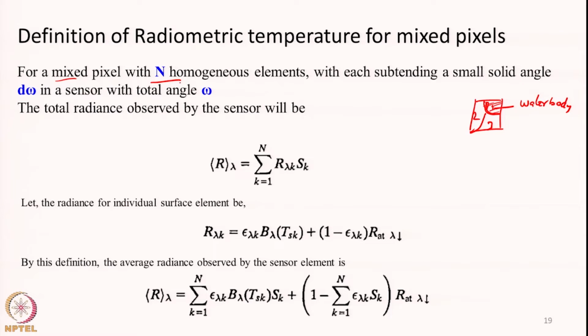Okay. So, similarly there are n different elements and all of them are homogeneous individually at different temperatures. In order to see this particular GIFOV, a satellite will be subtending a small solid angle omega. Within this particular solid angle, this GIFOV will be defined.